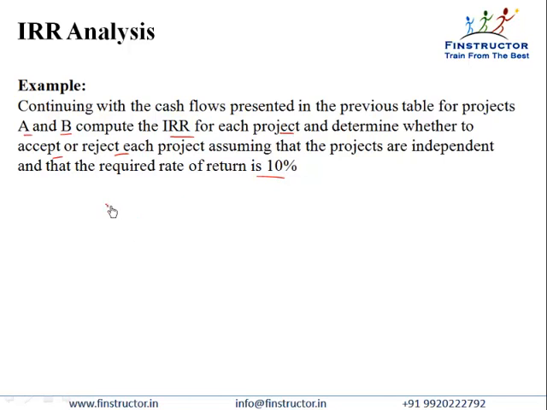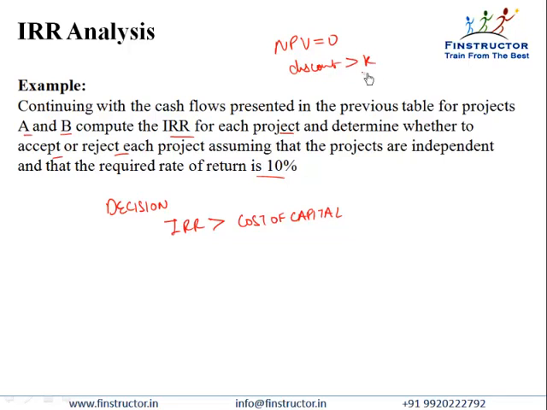Now please remember that the decision rule for the IRR analysis is that if the IRR is greater than the cost of capital, what will happen? If IRR is greater than cost of capital, that means for the NPV to be equal to 0, I need to discount by something greater than the cost of capital.